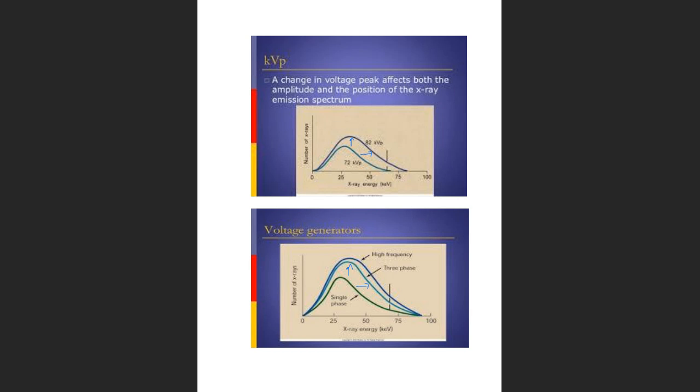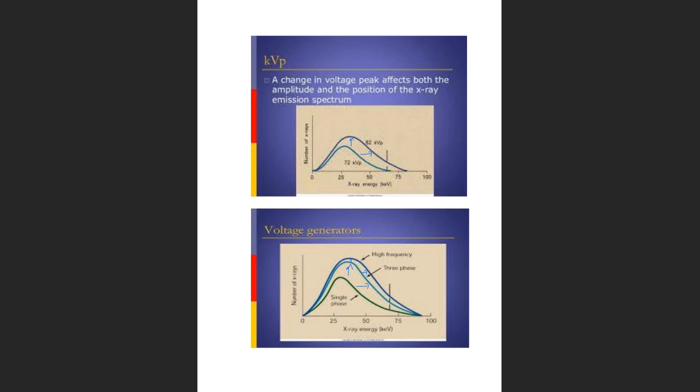Just remember that the overall mass of X-ray energy is moving, but the peak energy never changed because we didn't change kVp. Again, we went up in amplitude for the high frequency, so we saw that shift in amplitude. And again, we have that shift to the right. We have more higher energy photons, but never go above that peak energy.